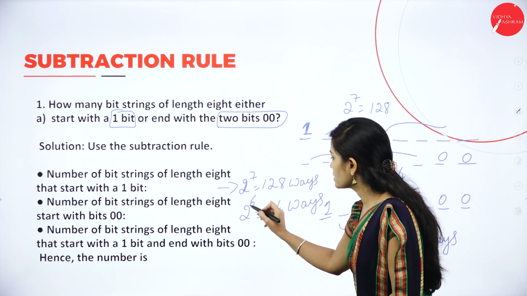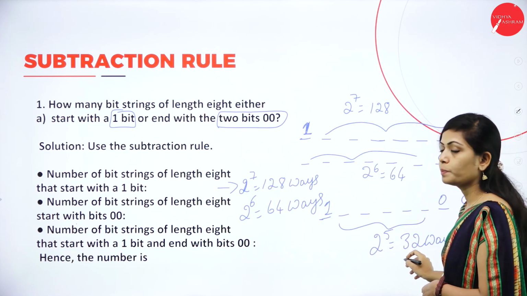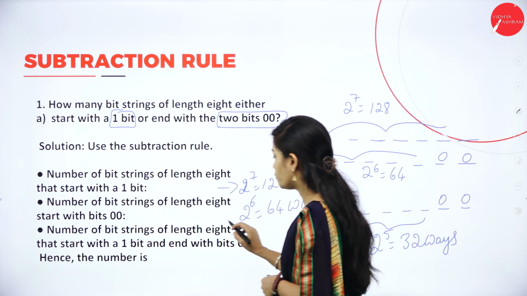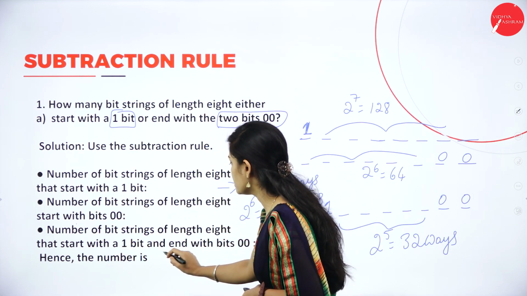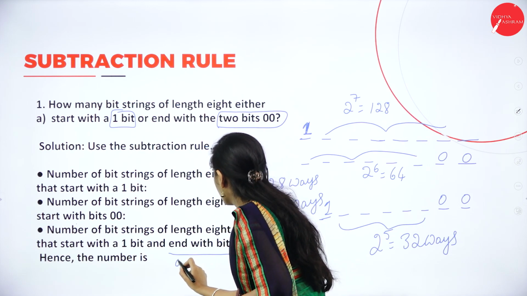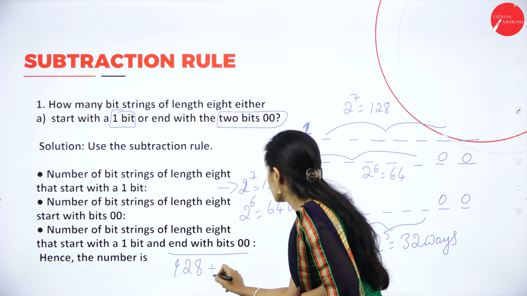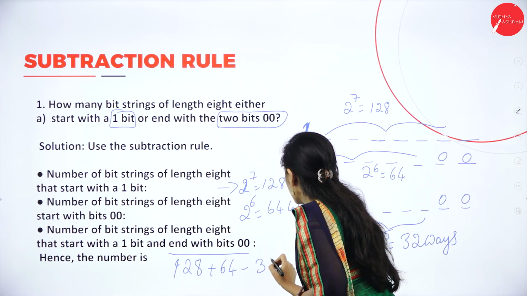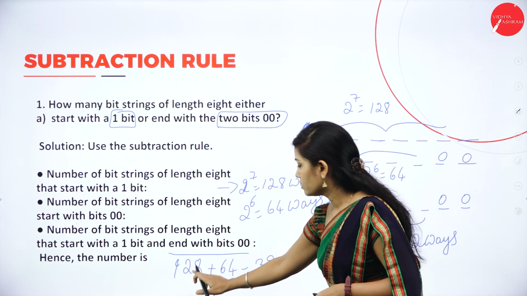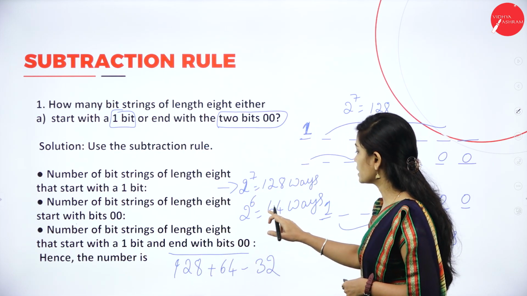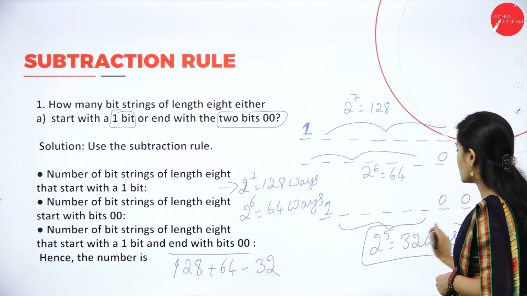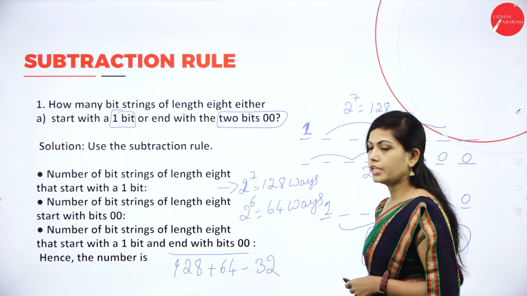So 2 power 7, 2 power 6 and 2 power 5 are the numbers of ways to do the task. The number of bit strings of length 8 that start with a 1 bit or end with 00 is 128 plus 64 minus 32. 128 is 2 power 7, plus 2 power 6 is 64 ways, minus the number of ways to do both tasks, 2 power 5, that is 32.